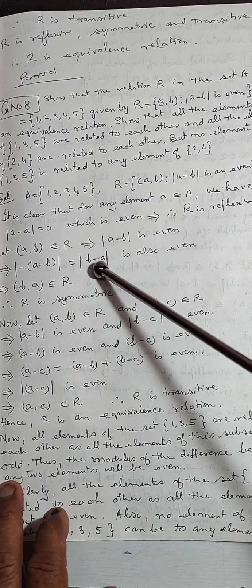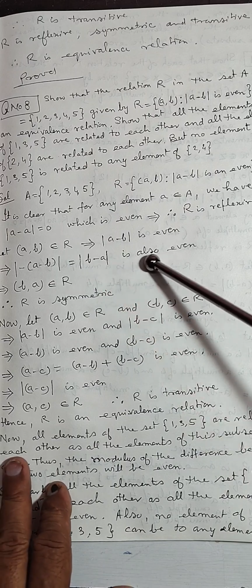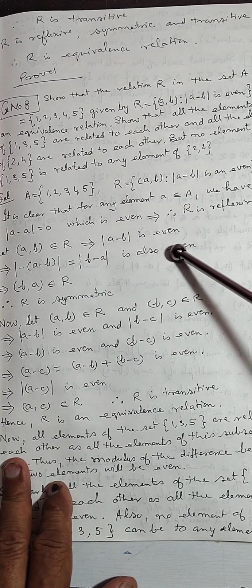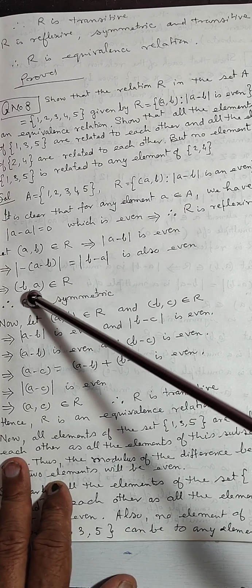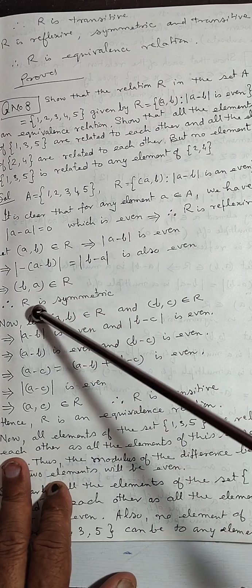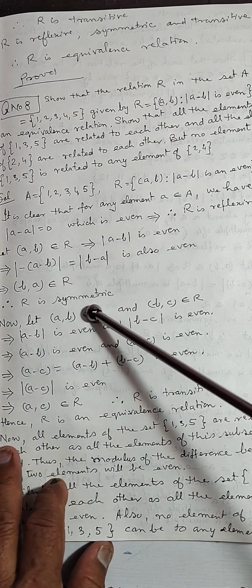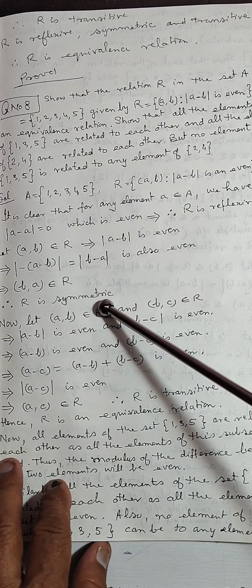That is |b - a| is also even. Hence, (b, a) belongs to relation. Therefore, relation is symmetric.